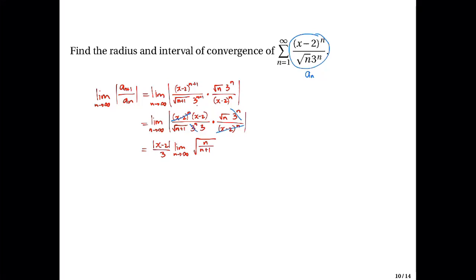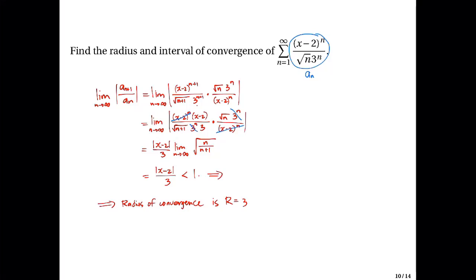So this is equal to 1, and therefore the limit of a sub n plus 1 over a sub n is just absolute value of x minus 2 over 3. We want this to be less than 1, which gives us the radius of convergence: r equals 3.